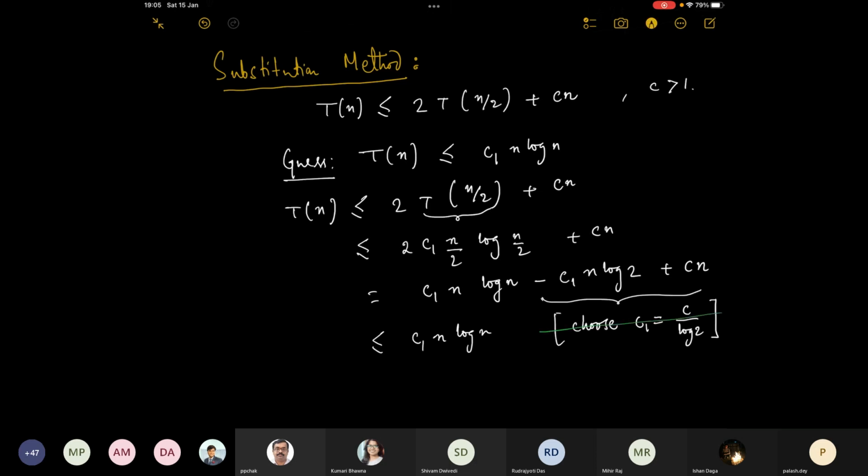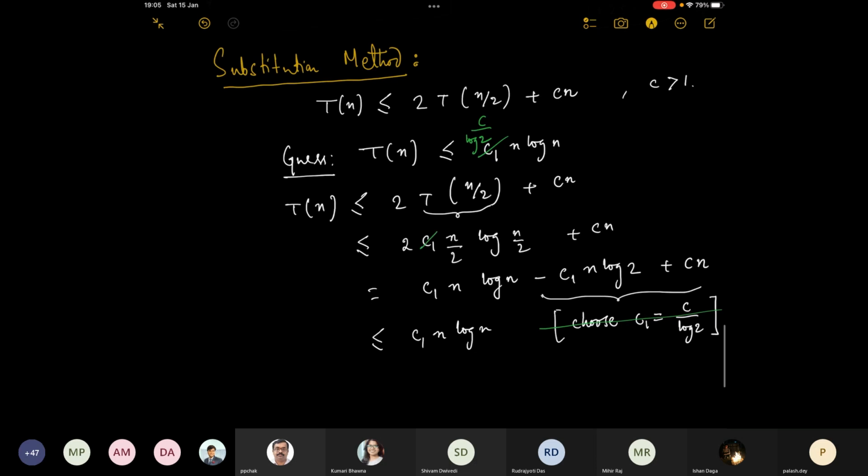No, I'm not choosing anything. You cut this also, and write, I will prove that Tn is less than or equal to C by log 2 this. And instead of C1, you write this term. It is like my guess, C by log 2.